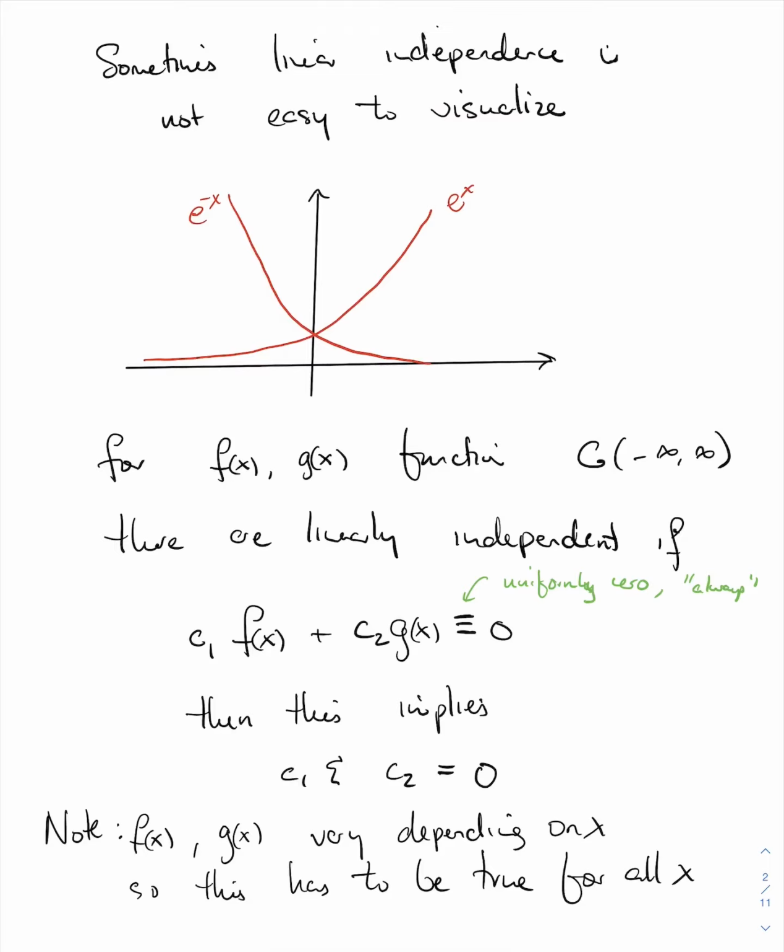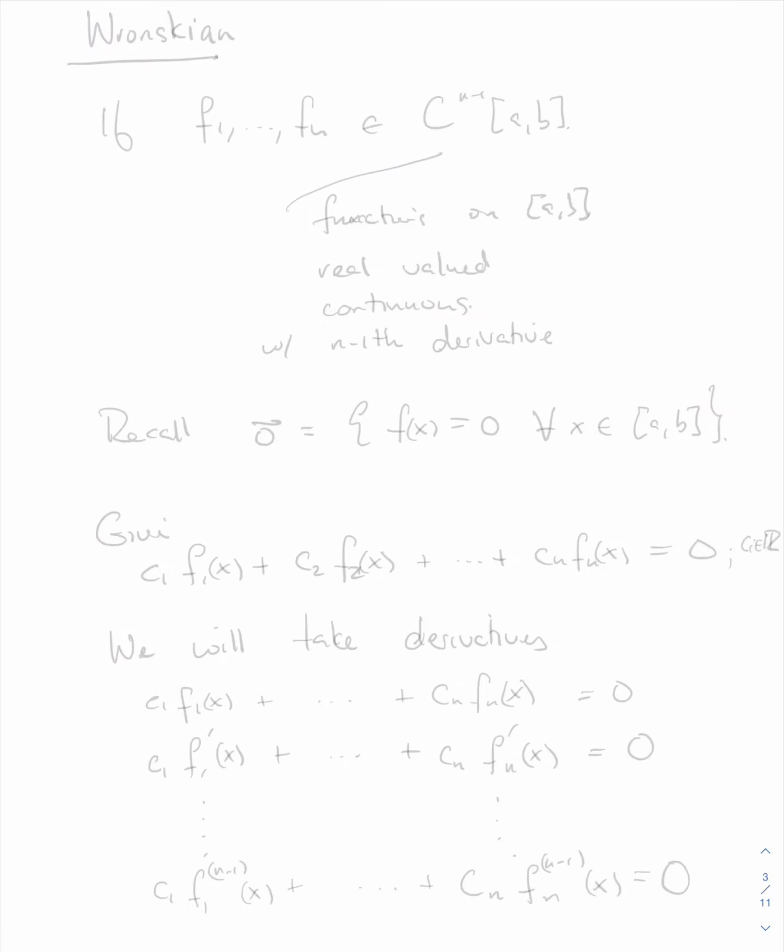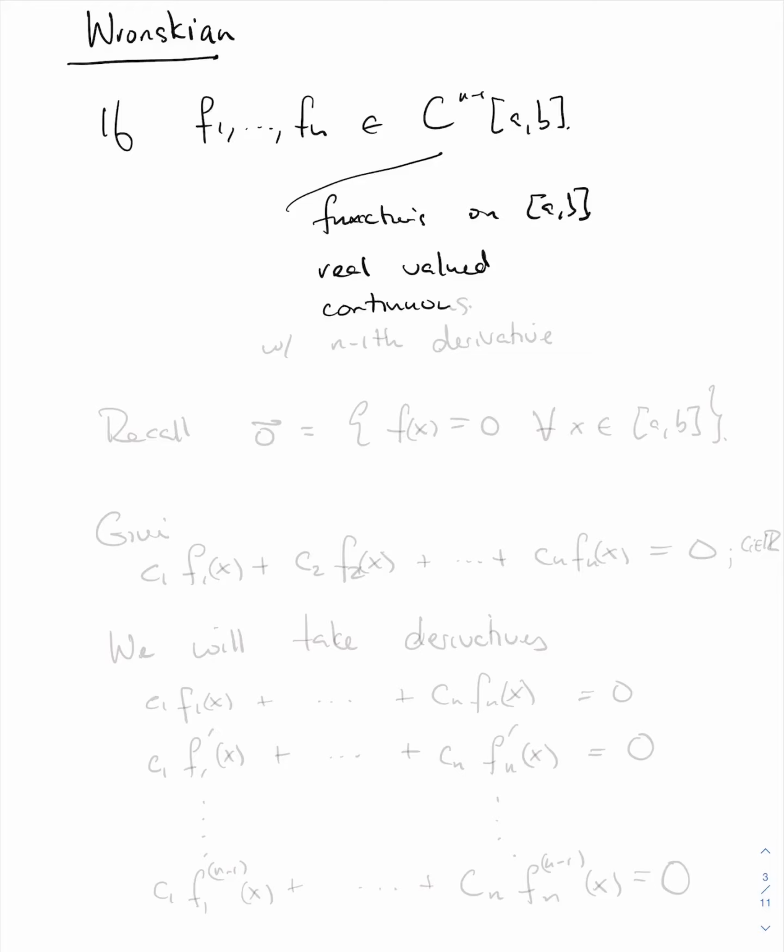Let me introduce the tool that is going to help you with this. Let's talk about the Wronskian. If f1 through fn are in C^(n-1) on the interval a to b, remember this is the functions on the interval a to b that are real valued, as in the output is a real number, they are continuous, and they have n minus 1 derivatives.